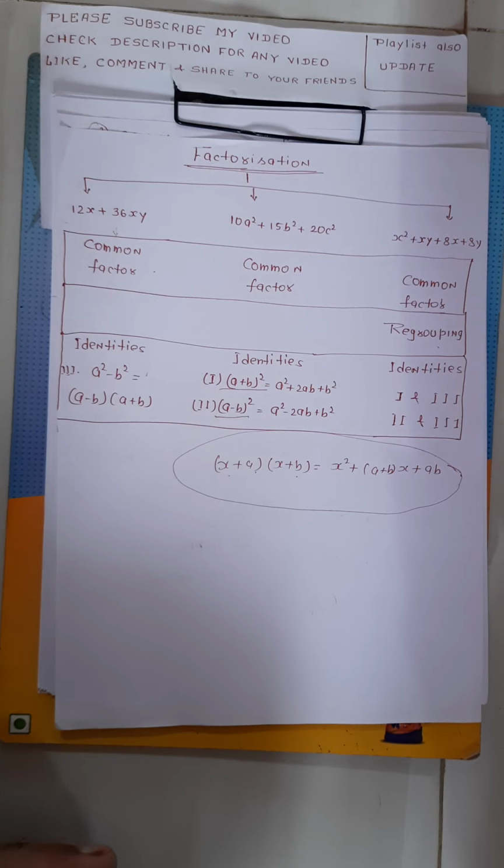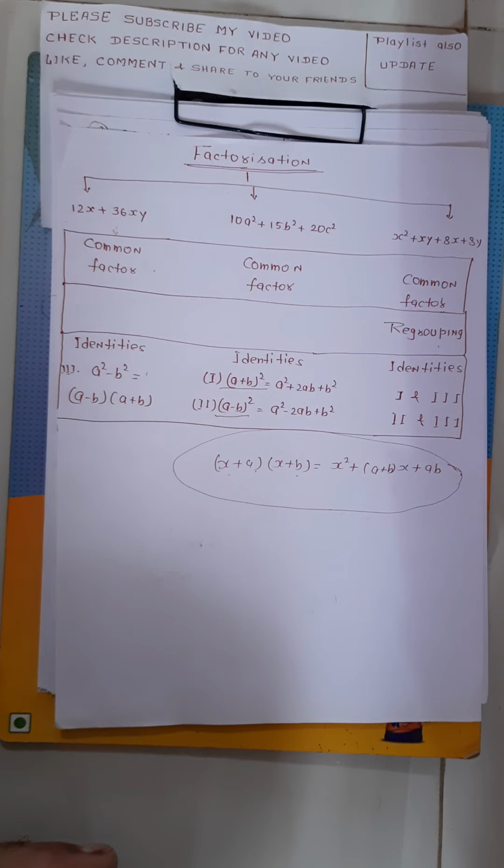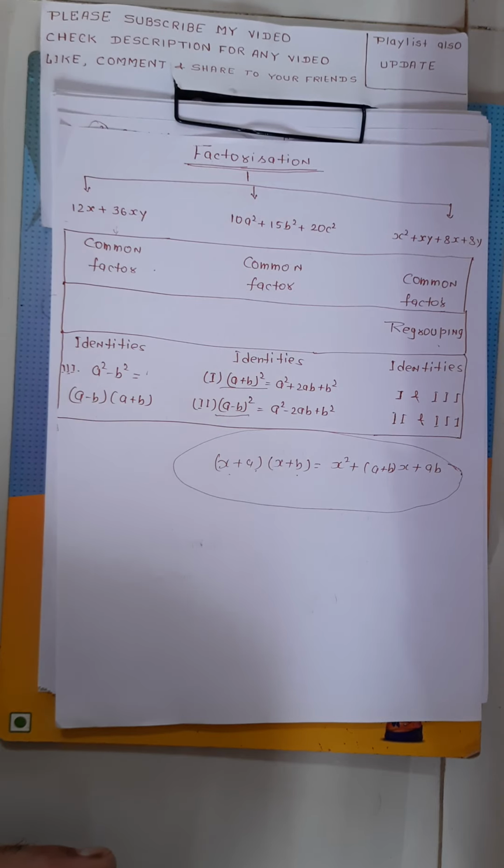But before using an identity, for each and every question, first of all we will check whether we can take out the common factor. If it is possible, then first you take out the common factor, then we will use the identities.